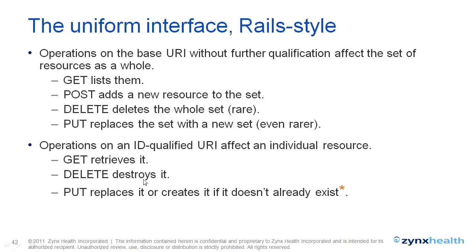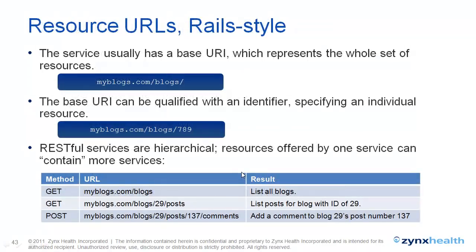A delete destroys it, as you might imagine, and a put replaces it, or can create one if it doesn't already exist, although I have an asterisk here because, as you'll see in a coming slide, the Rails conventions don't actually allow you to create new resources in this way because the conventions involve numerical IDs that correspond to database keys at the back end.